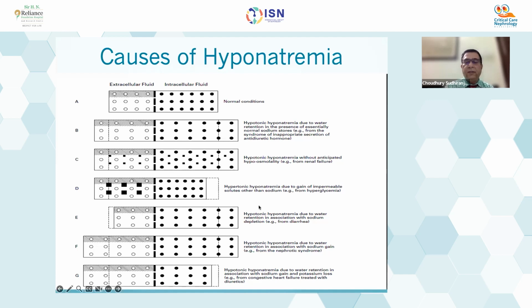The third one is hypotonic hyponatremia, due to water and salt loss, but more of hypotonic intake of fluid, which will cause expansion of intracellular fluid, whereas the intravascular and interstitial fluid compartments will shrink.